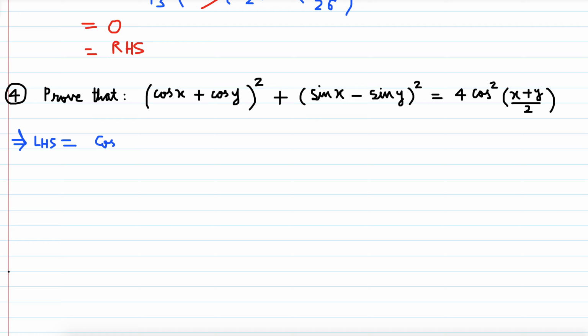So first becomes cos square x plus cos square y plus 2 cos x cos y, and second term we expand becomes sin square x plus sin square y minus 2 sin x sin y.